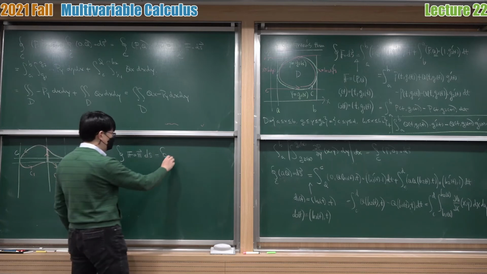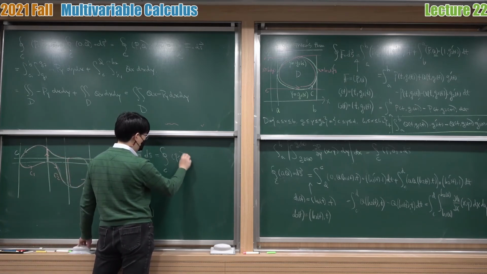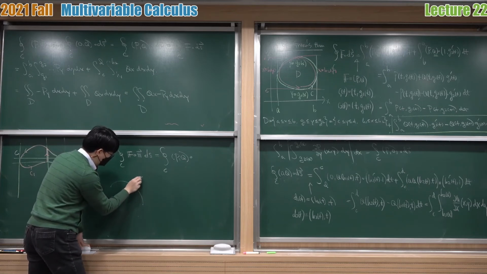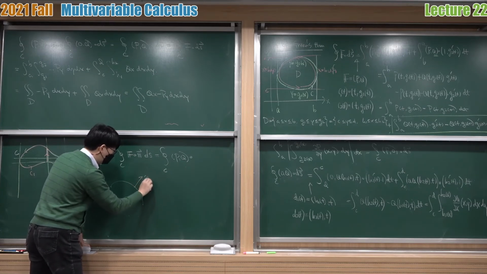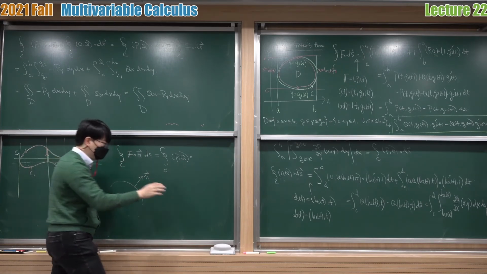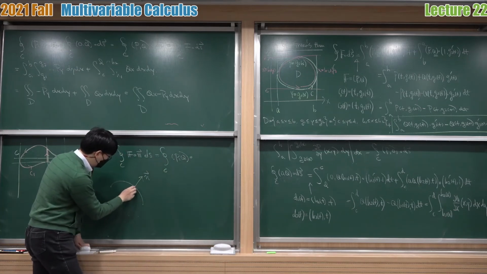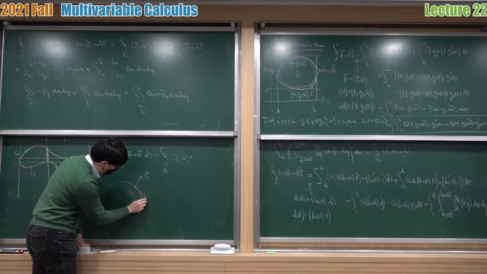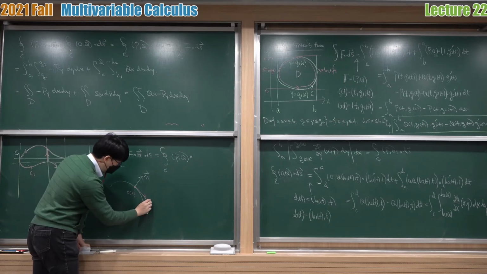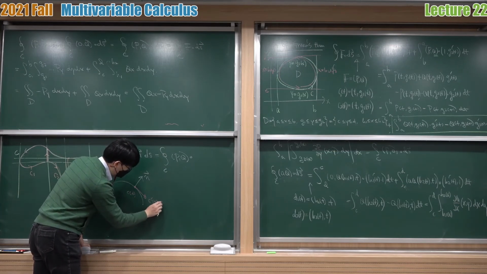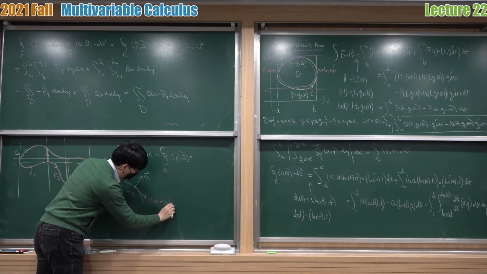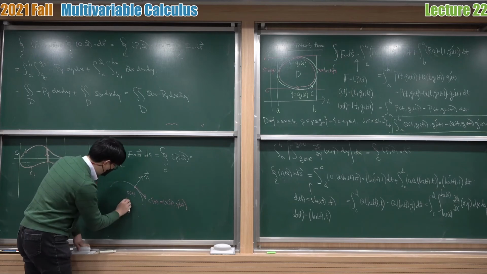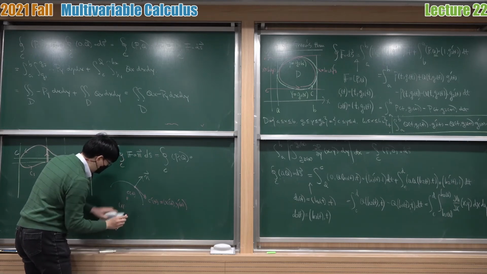We have PQ for F, and we need the normal direction. This is our normal direction as a unit vector, and for each point of the curve there is a tangential direction of this parameterization, which I'm going to write as x prime t, y prime t, assuming my curve is xt, yt.